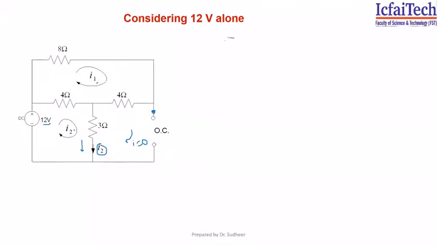So directly we can write down the 2 by 2 matrix. Sum of all resistors in the first loop, 8 plus 4 plus 4, so 16. Then the resistance common between first mesh and second mesh is 4 ohms, so we have to take it as minus 4.